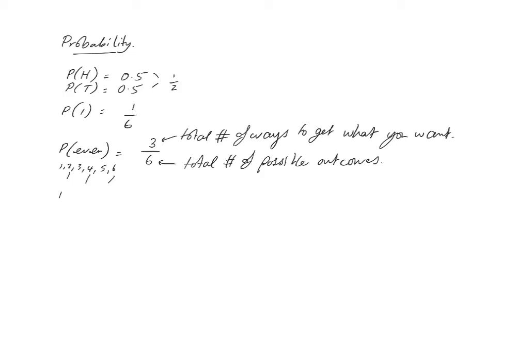When we're talking about probability, another important thing is the probability of 1 dash. That means the probability of not a 1, so the probability of something which is not the thing you're trying to get. There are two ways of doing this, and you've got to know both.